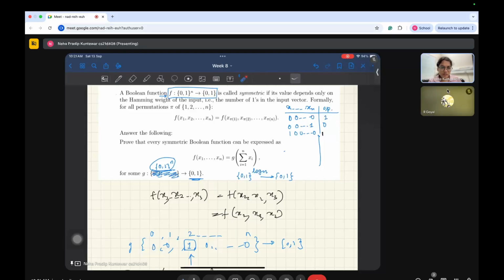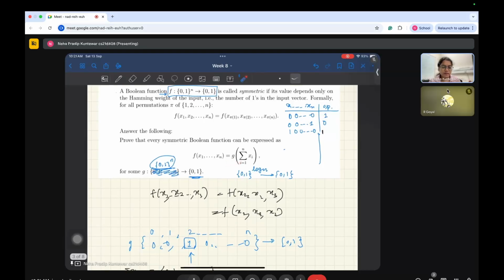In this question, we didn't say anything about the size of the circuit for G or the depth of the circuit for G. So it's not necessary that we come up with an explicit circuit. If we could show that it's just a function of the summation of the variables, then that would be enough.